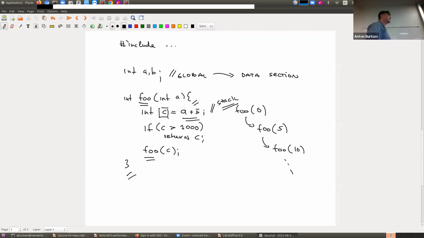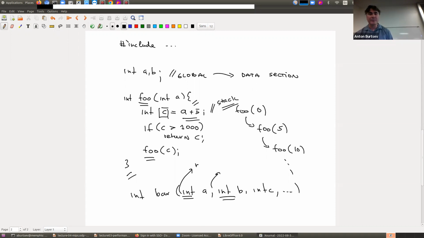Do arguments go on a stack? That's a very good question, and it depends. Typically there is a thing called a calling convention. It's an agreement on how you pass arguments. Typically, in order to make it fast, if you have a function bar with arguments like int A, int B, int C, and so on, the convention tries to place the first arguments in registers.